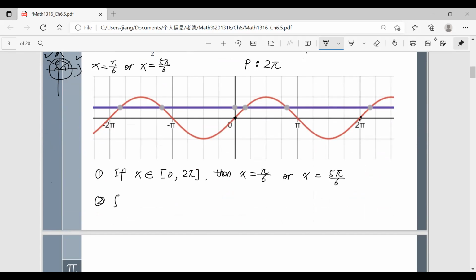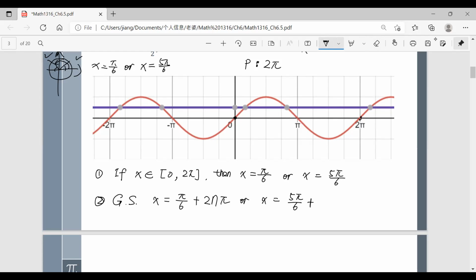For the general solution, I use GS to represent general solution. So x equals pi/6 plus 2n pi. Because the period is 2 pi, plus 2n pi doesn't change the value, or x equals 5 pi/6 plus 2n pi.